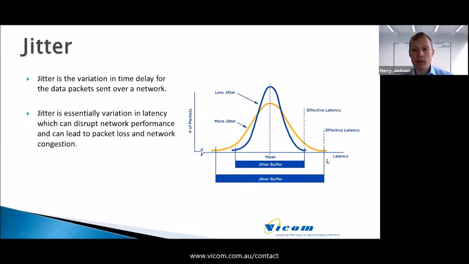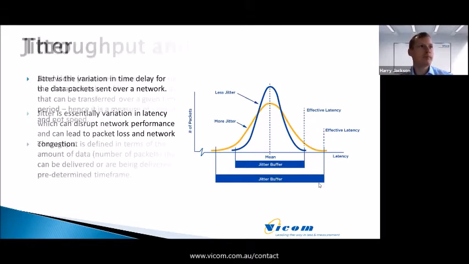So here we've just got effective latency, and that's at the top end of the curve. So in that example before of some packets coming in at 2 milliseconds and some coming in at 5 milliseconds, your effective latency is 5 milliseconds, and your jitter buffer is 3 milliseconds. So the difference between the two. But just for today's presentation, just understand that jitter is essentially the variation in your latency times.